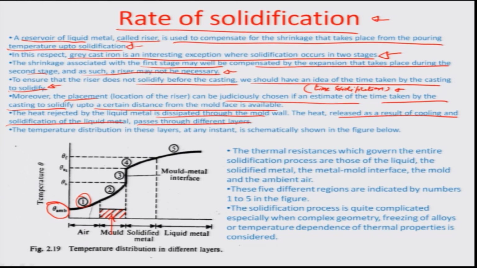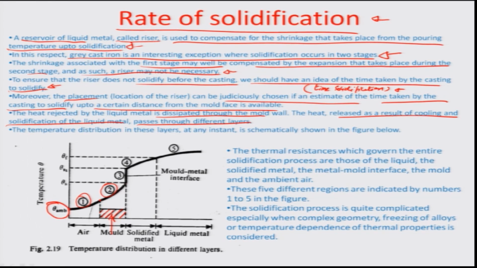There is one temperature drop region 2 in the mold itself. So, this is actually the outer surface temperature of the mold, and this is the theta ambient, which is actually the temperature of the environment in which this mold is present.